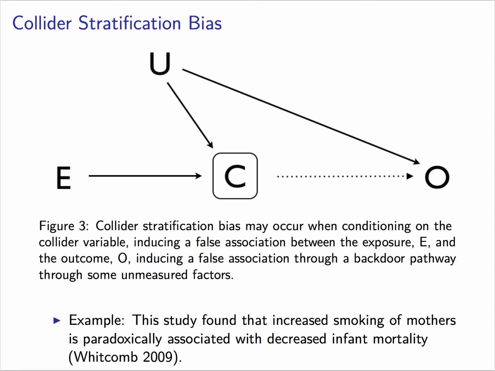As they describe in their paper, smoking while pregnant is associated with lower birth weight. Low birth weight can also be caused by a number of other factors that may or may not be measured, and many of these factors may also cause an increase in infant mortality that is much higher than smoking during pregnancy. So these unmeasured factors can cause a much higher increase in mortality.